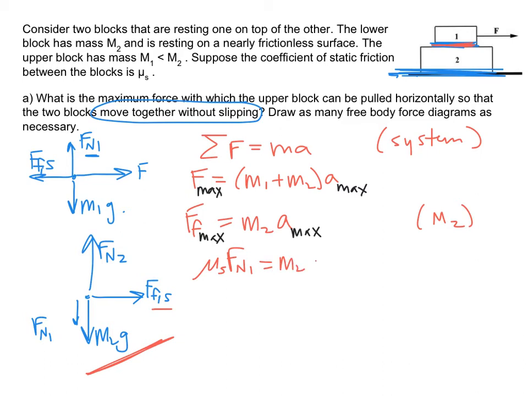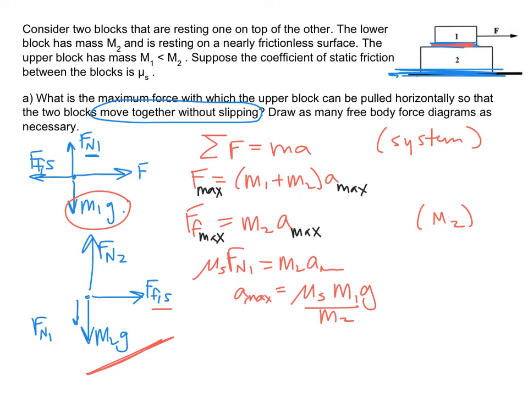All right, so this will allow me to find an expression for my maximum acceleration by saying A max is equal to mu sub s times, okay, so F sub n1 is going to balance out with m1g, and then that divided by m2 would give me an expression for my acceleration.